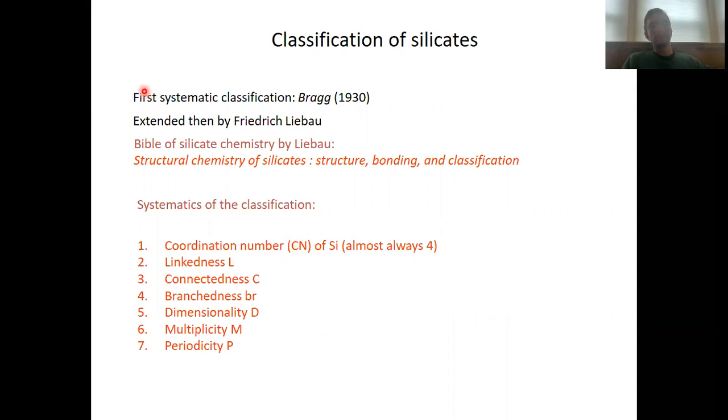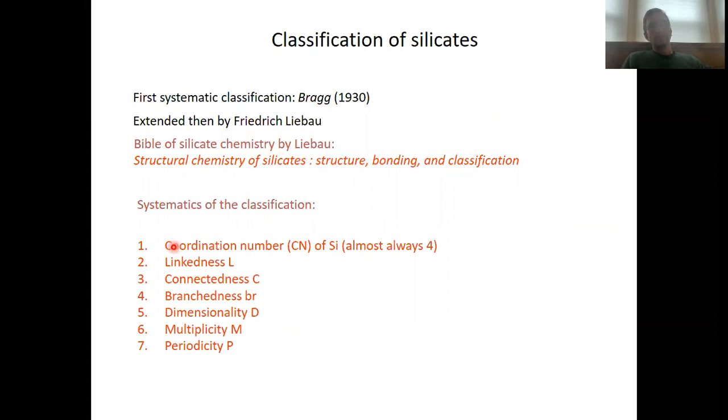The first systematic classification was done by Bragg, which was then further extended by Friedrich Liebau, who has written an important book about silicate chemistry, which is still kind of a standard in structural chemistry of silicates: structure, bonding, and classification.